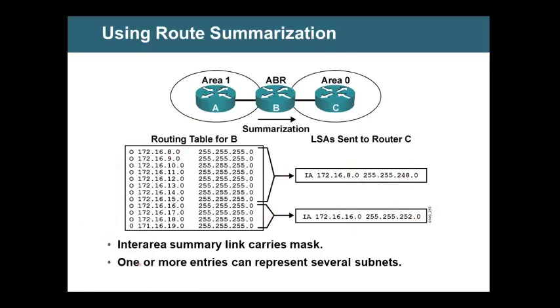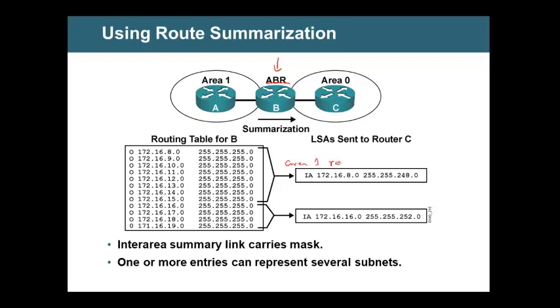All right. Now, we need to know the command. If you are doing type 3 LSA summarization, which is done on ABR, you can also call it ABR summarization, the command should be like this: area 1 range. So you are taking area 1 subnets.